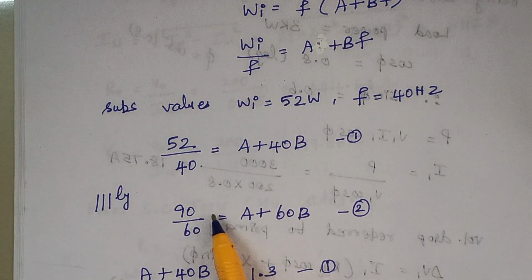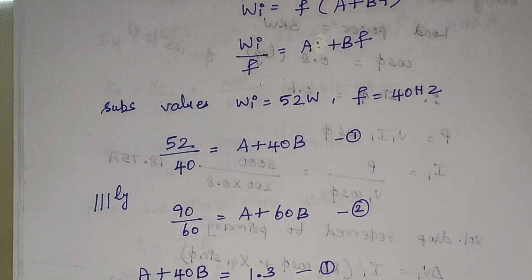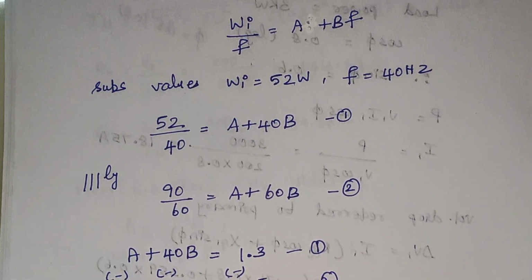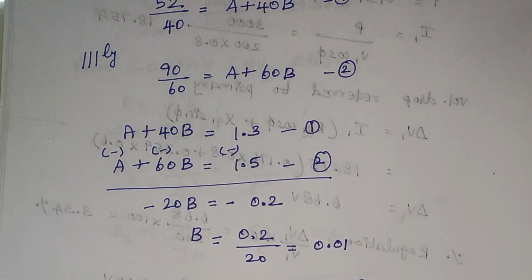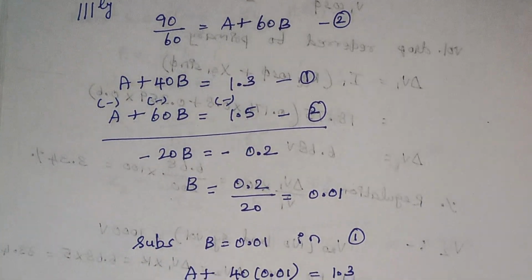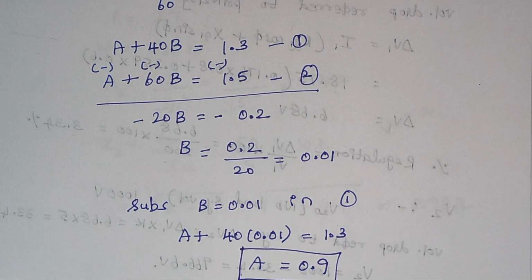Similarly, for the next case, 90 by 60 is equal to A plus 60B. So here we have two equations. Once you solve these two equations, we can easily find the value of B as well as A. Once you know A and B, we can easily calculate the hysteresis and eddy current losses at 50 Hertz.